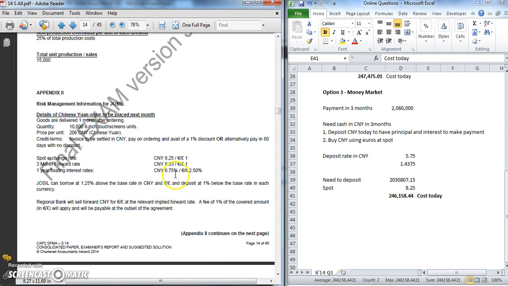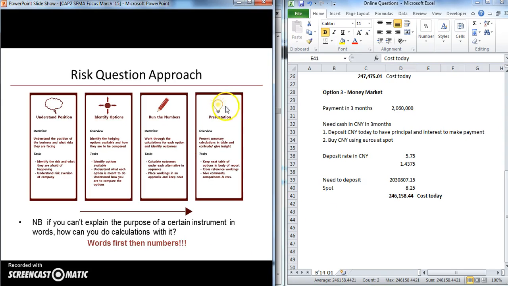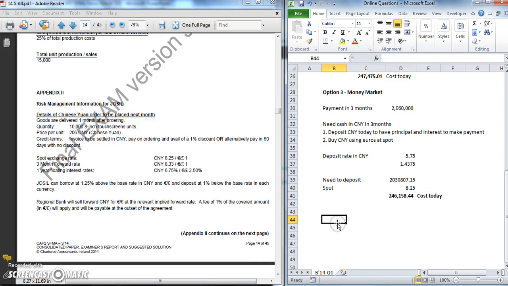What you need to go on to now is presentation and giving your summary or insight. So what we're going to look at here is option 1, 2, and 3. All I would do then is bring them down in a neat table, and that's what I'd show in the report.